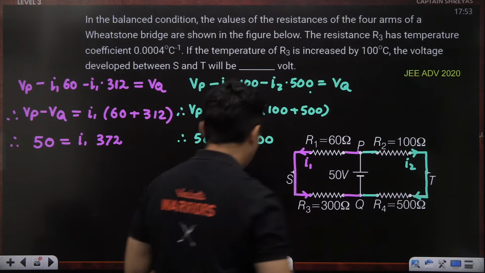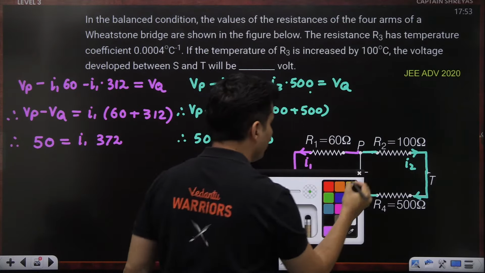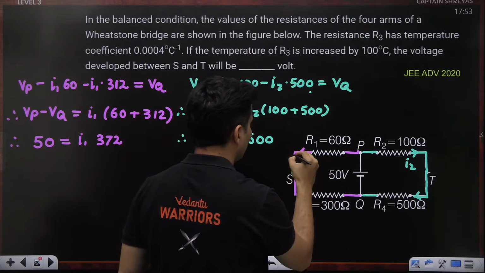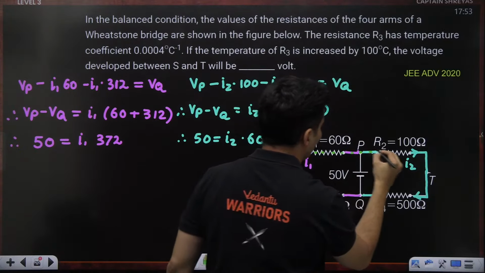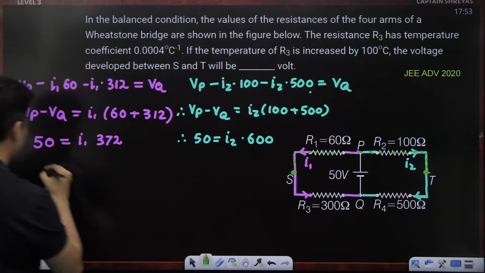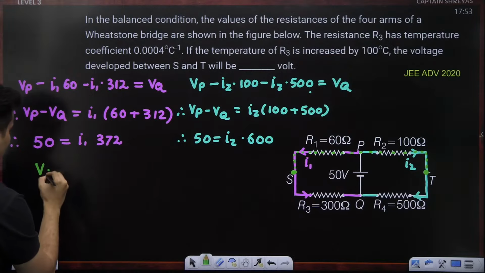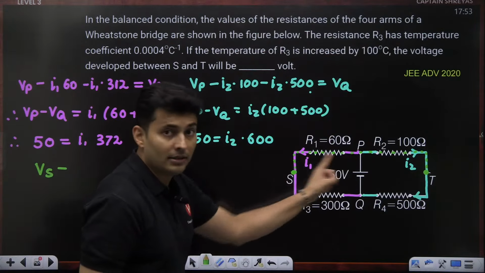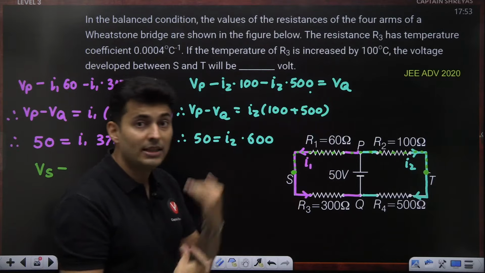To find the voltage difference between S and T, start from here, go across this circuit like this, and finally reach over here. Start from S. So Vs, I'm going against the current. So there will be an increase.